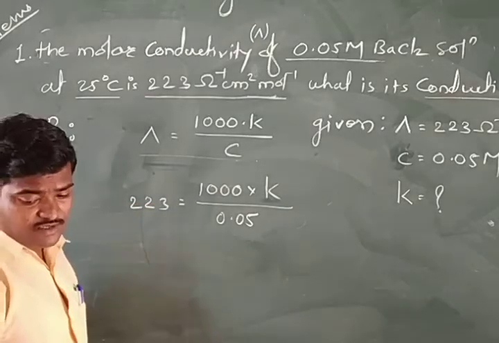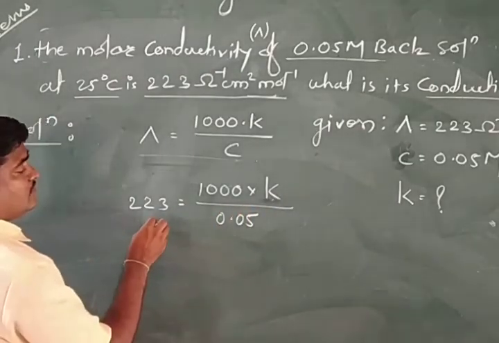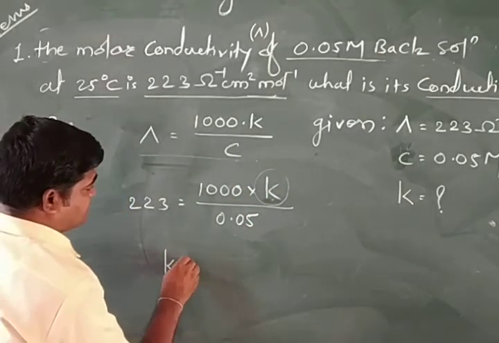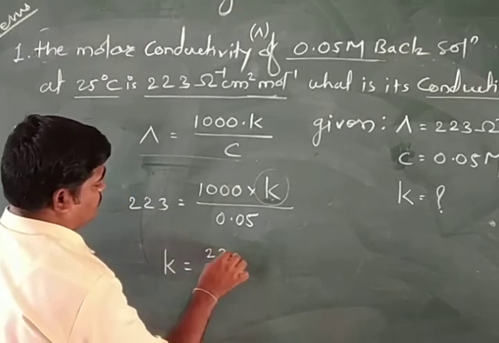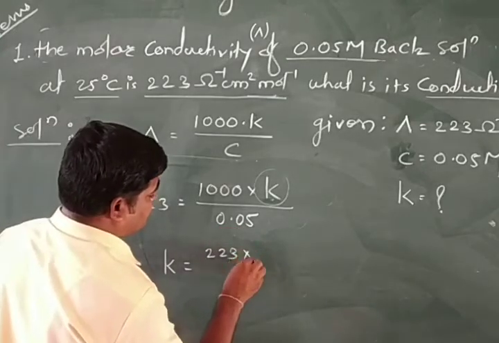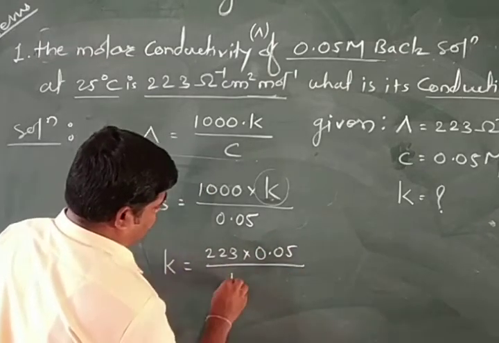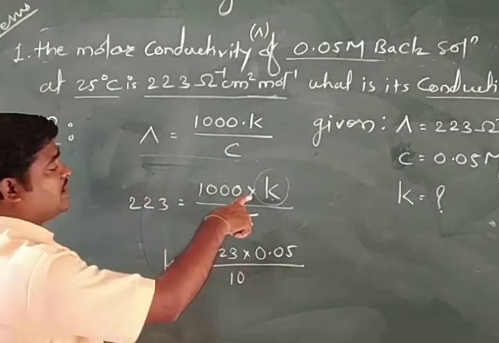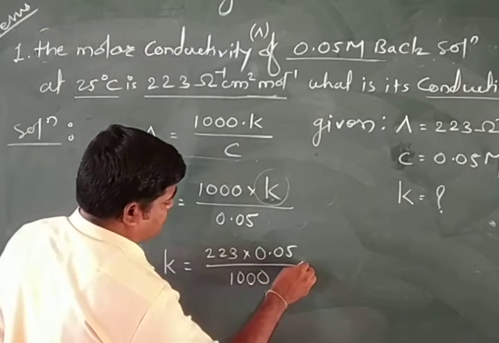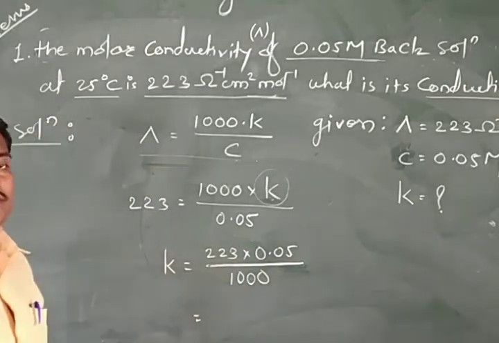Now we have to make some modifications by rearranging this equation for K. Then we can calculate the value of conductivity K. Write K as it is here, write 223, and take this 0.05 to the left hand side. Then K becomes 223 multiplied by 0.05 divided by 1000, because this 1000 is multiplied here, and when it comes to this side it becomes divided. This is the modification that we have made.